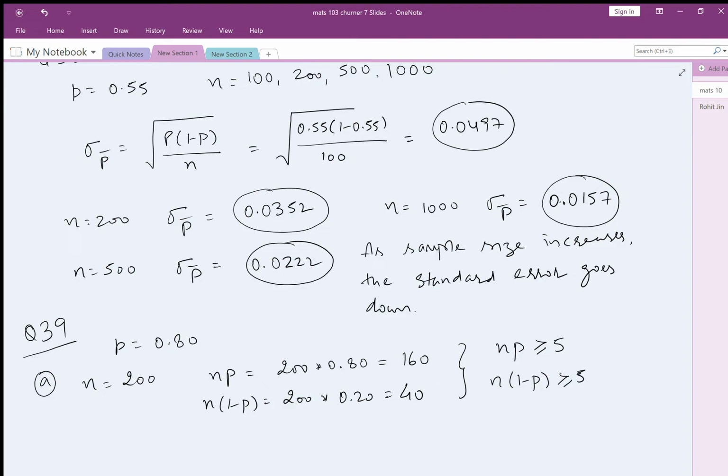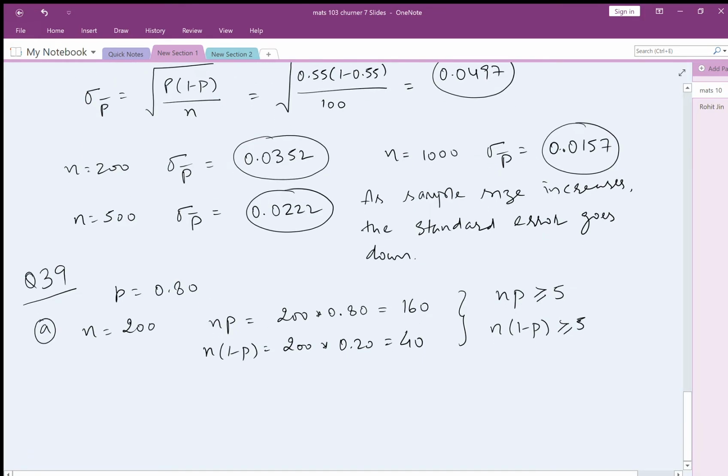They're both more than 5, so we can use the normal distribution.